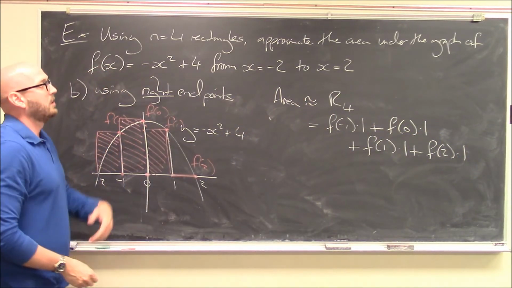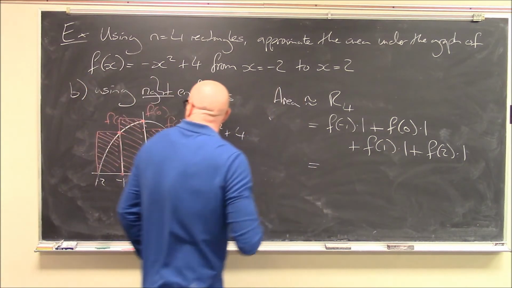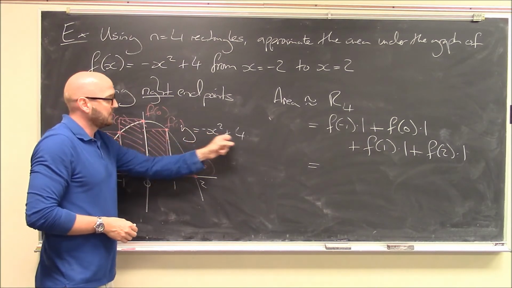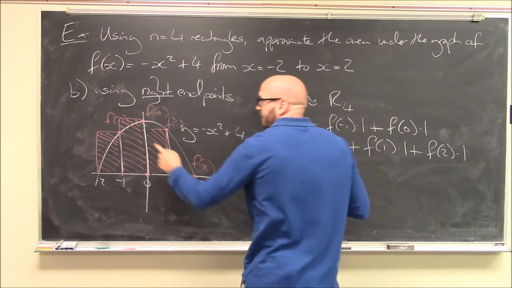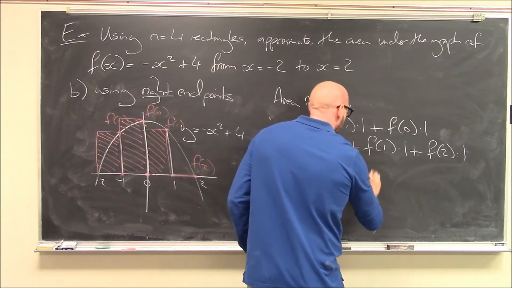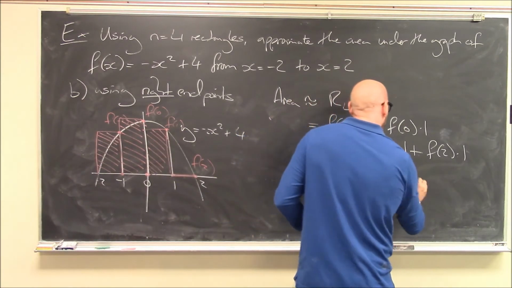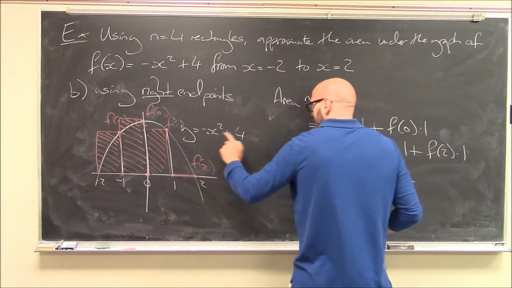And just like before, all I have to do now is plug these values into the function. F of minus 1, plug minus 1 into our function, I promise you get 3. Plus f of 0, that's 4. Plug 1 in, you get 3 again. And plug in 2, you'll get 0.